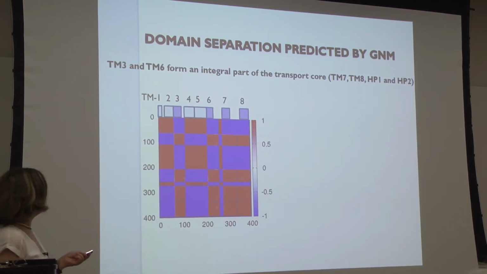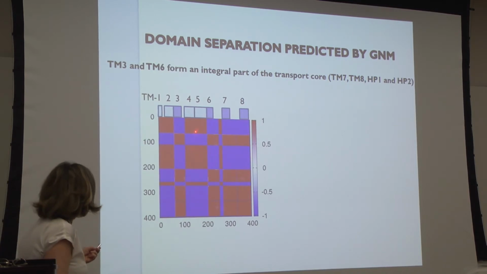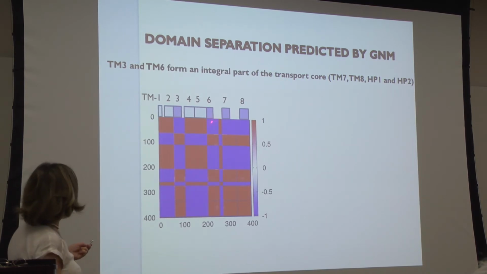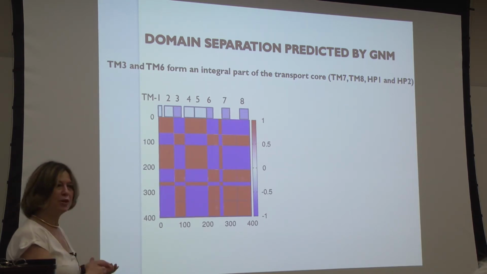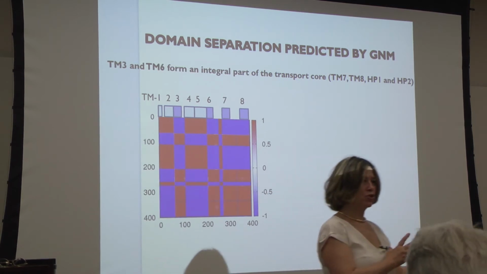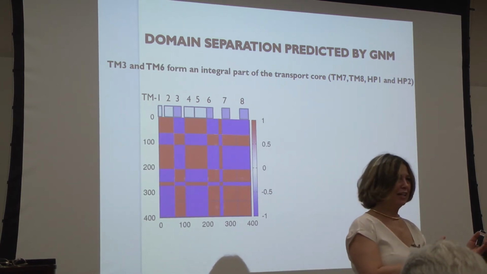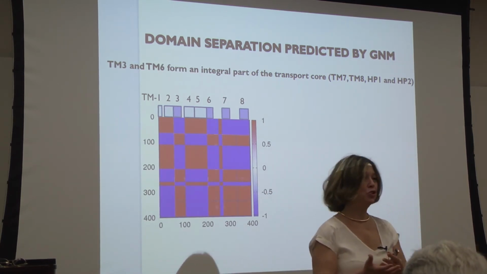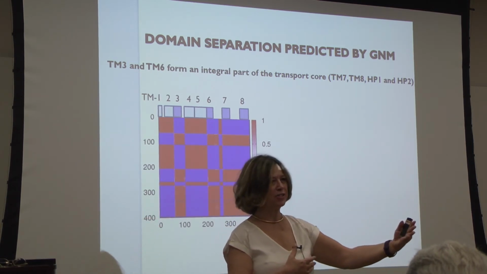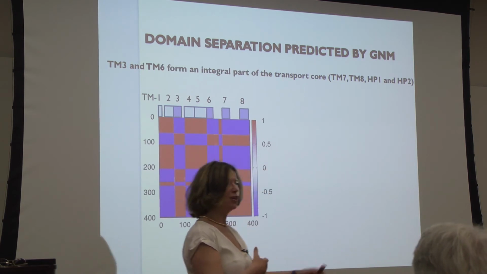Now what you can see from here is that 3 and 6 and the loop next to 6 are moving together with 7 and 8. That's what you can see. So the original separation of domains based on structure turned out not to be true when, 5 years later, they generated the second structure.